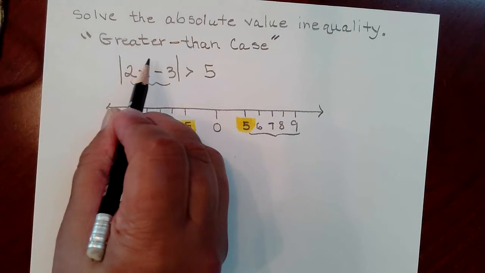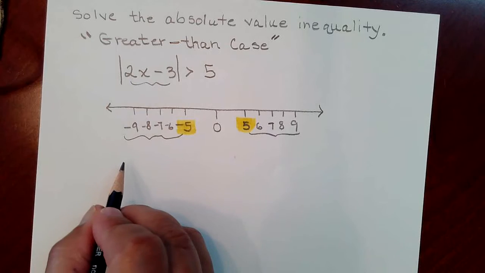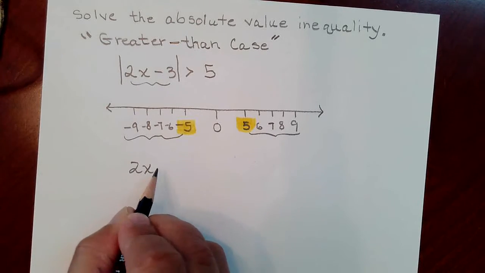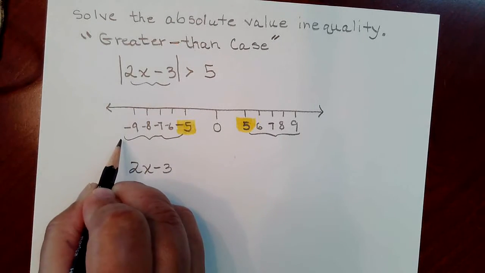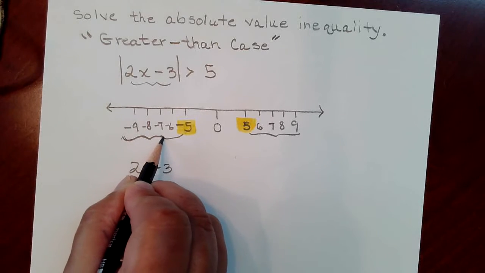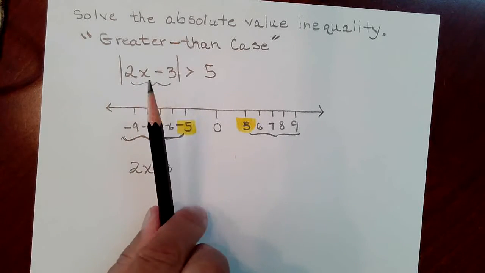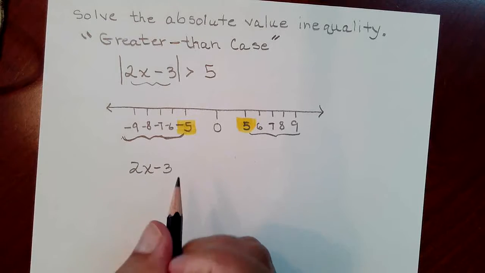This quantity, or in other words, the value inside of here, could be anything in this area that I just pointed out, which is anything less than -5.